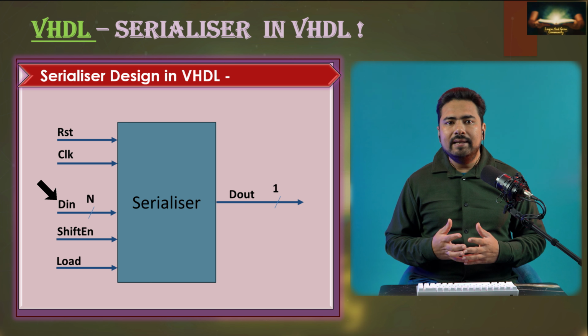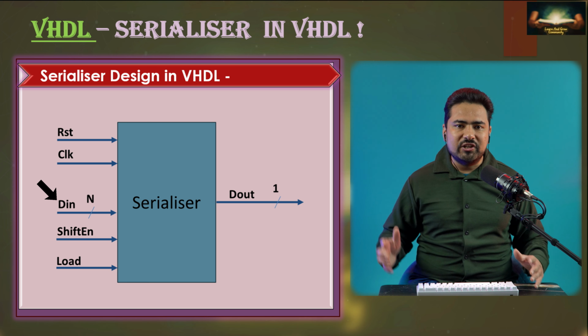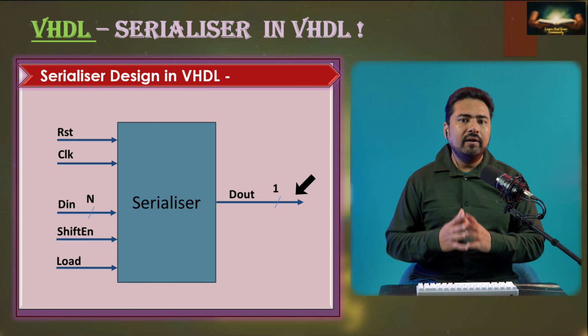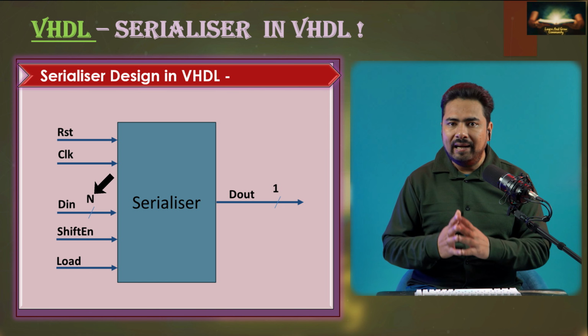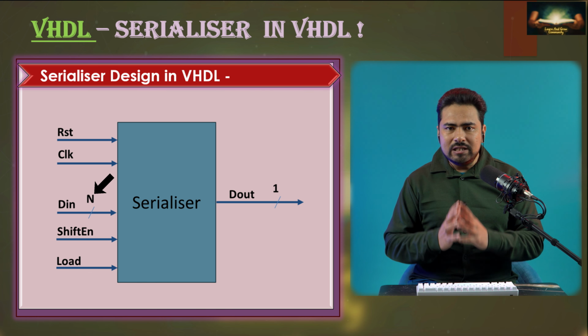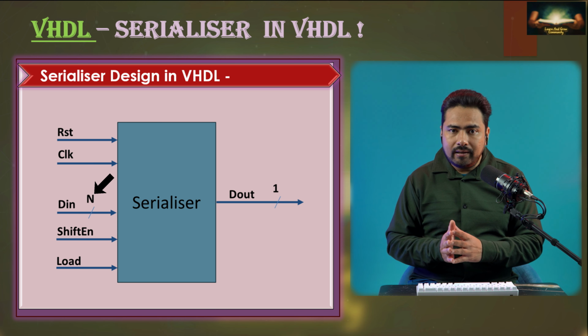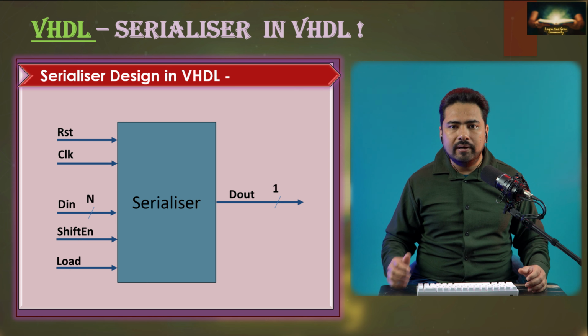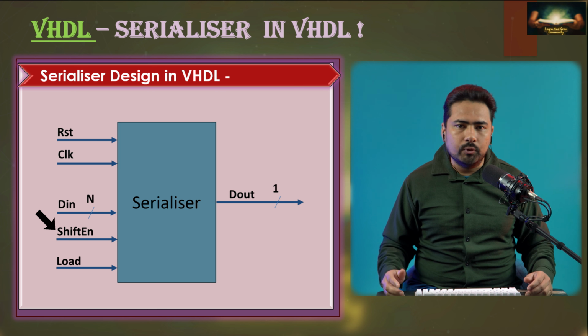This input is a std_logic_vector signal and has parallel data streams, which we will be converting into the serial data stream. Now I have mentioned N with this port. This port has N number of bits, and we will be using generic to define this N in our VHDL code.